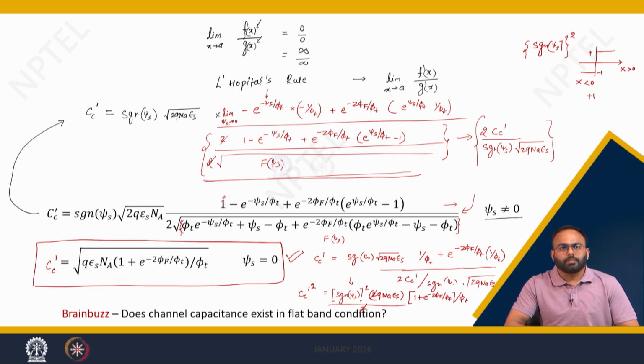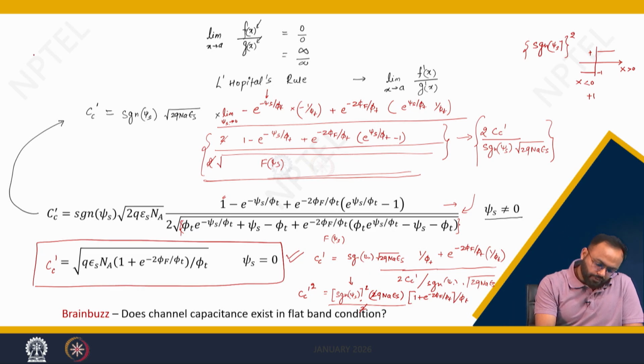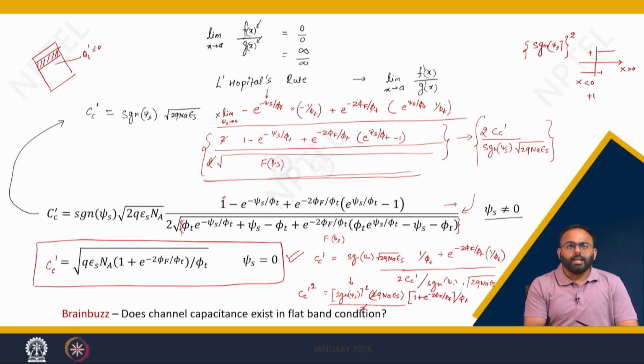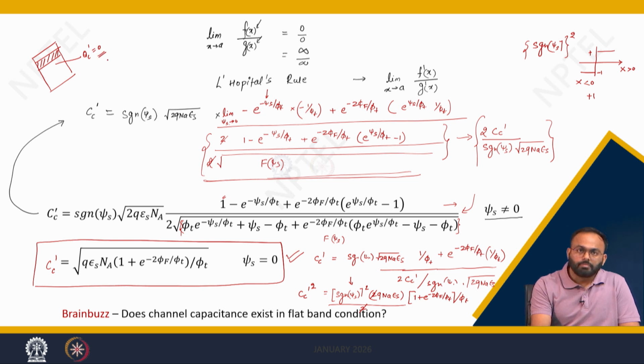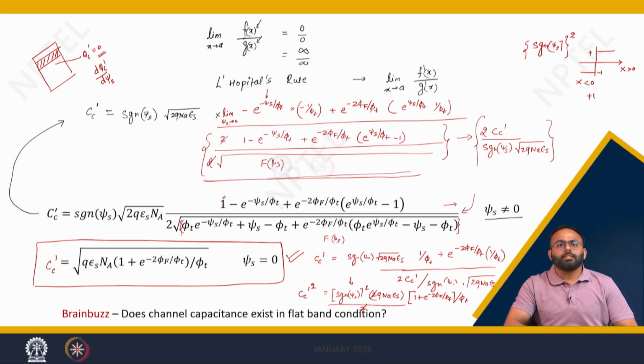This raises one question: does the channel capacitance exist in the flat band condition? The answer is yes, because in the flat band condition, though we do not have charges, the QC dash is 0, but if the charge is 0 at any point, it does not mean the change in charge is 0, and the small signal capacitance means the change in charge with respect to the change in voltage.